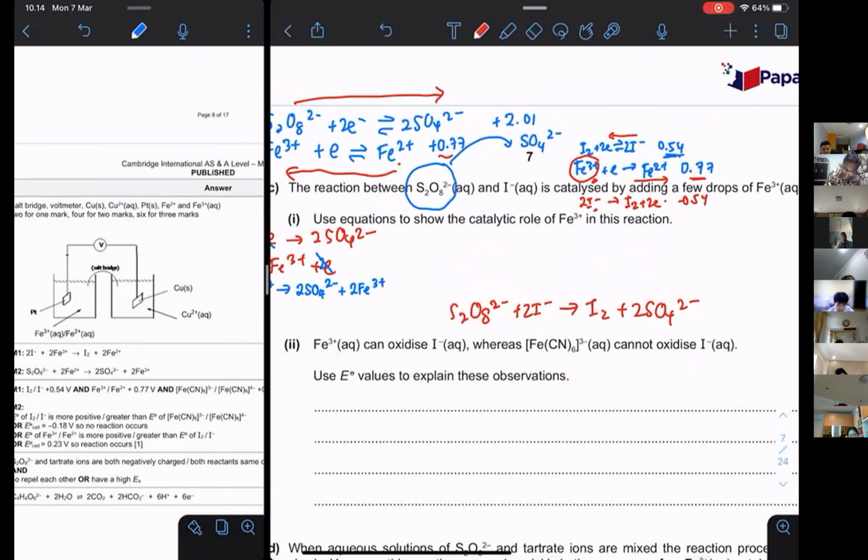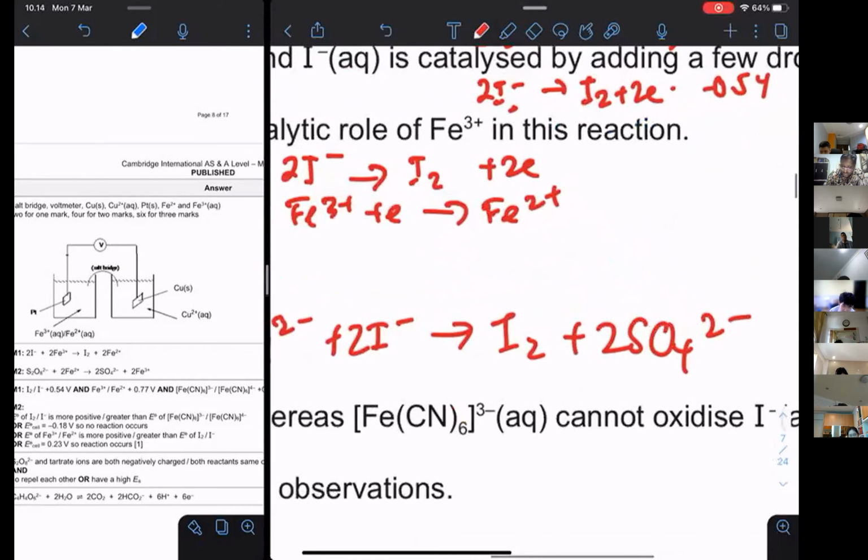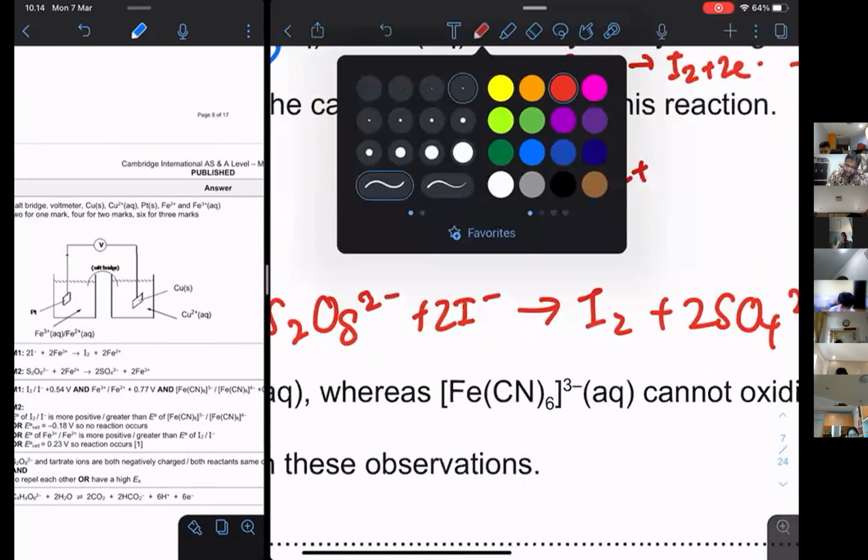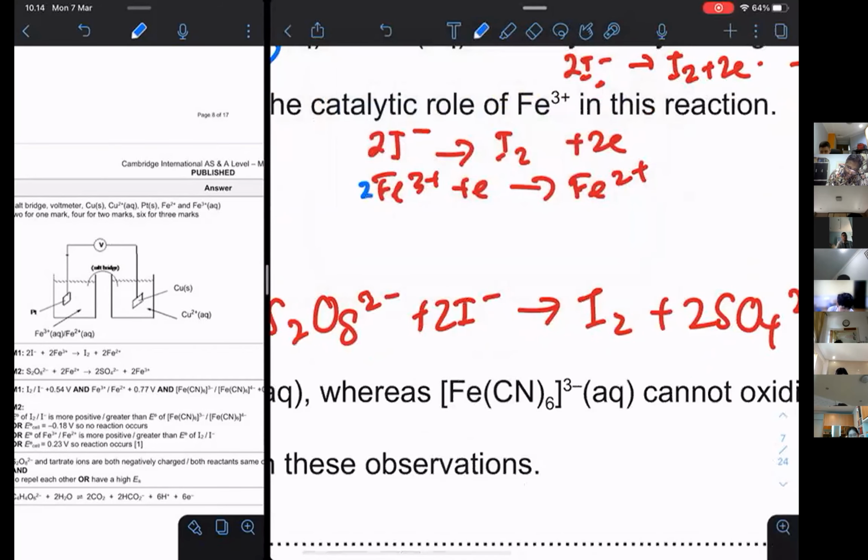So 2I minus will give you I2 plus 2 electrons, and Fe3 plus plus an electron gives me Fe2 plus. The E value, they didn't ask you to calculate, so just leave it. This one I need to times by 2 to eliminate the 2 electrons when I add.